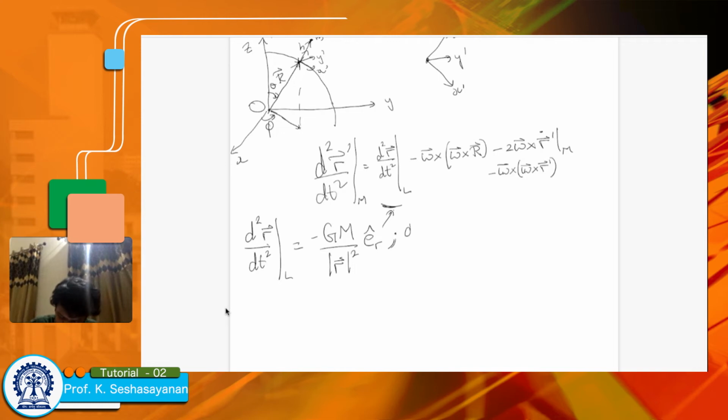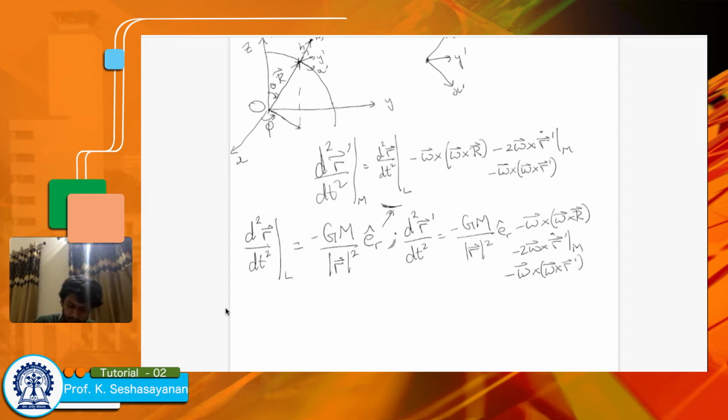What we get is d square r prime by dt square equal to minus GM by r square e_r hat, minus omega cross omega cross r vector, minus 2 omega cross r prime dot, minus omega cross omega cross r.